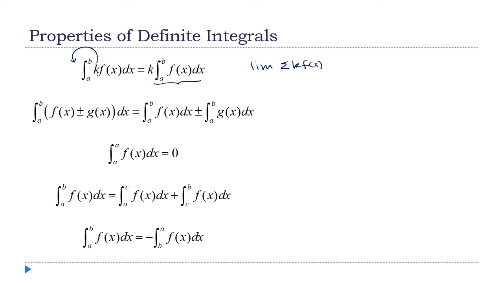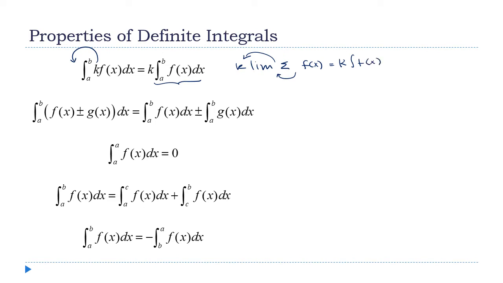But we have a property of finite sums that says I can bring that k out in front here. And then we have a property of limits that says I can bring the k out in front of the limit. We're left with this, which is just k times the integral of f of x.